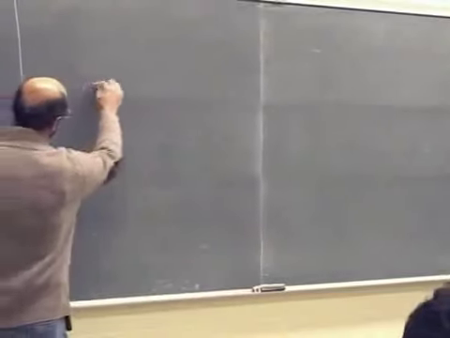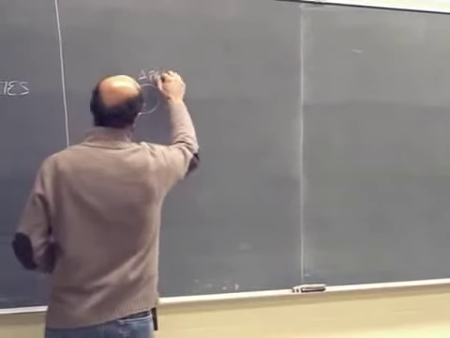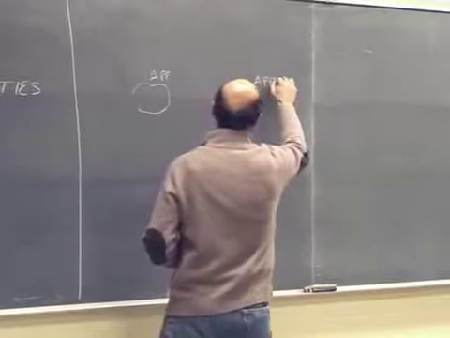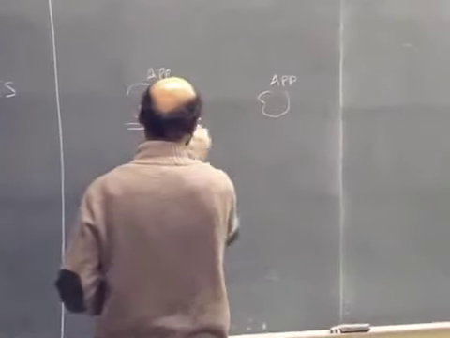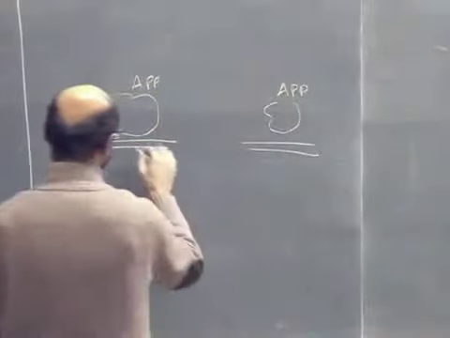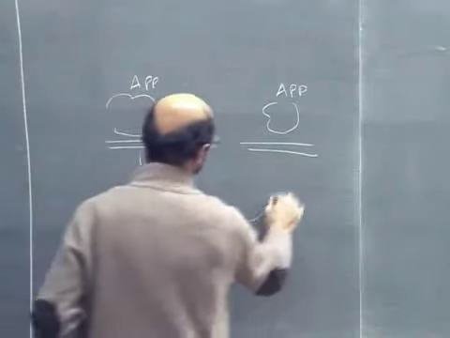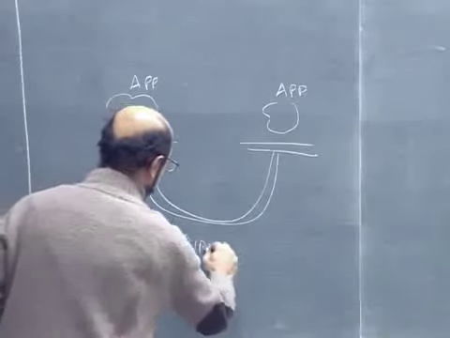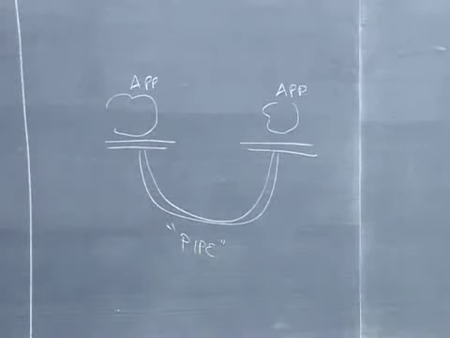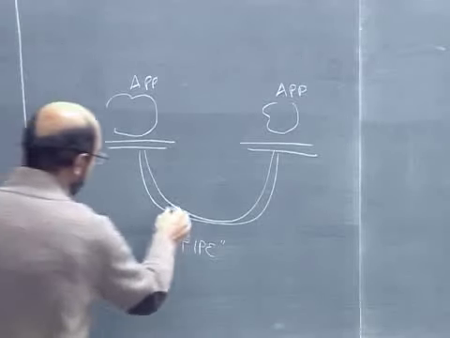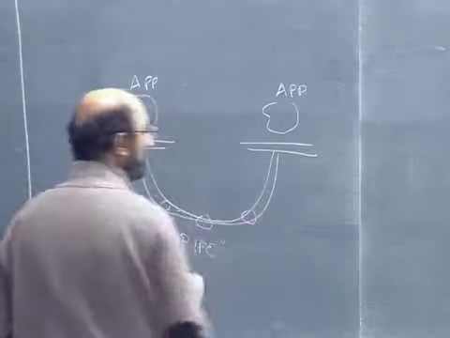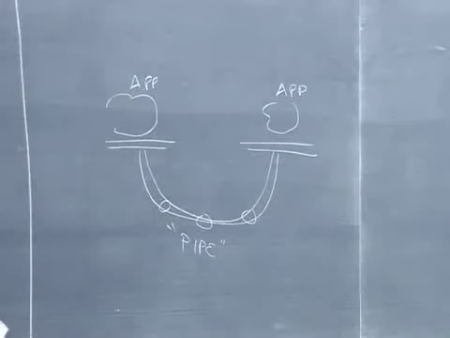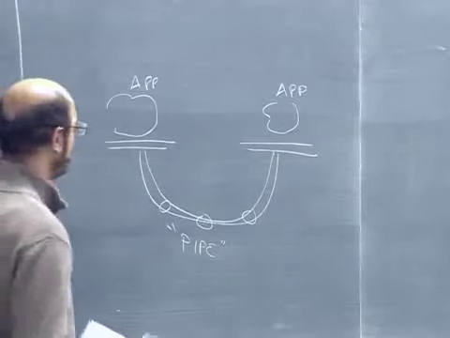So we have some application part and some application part over here, and between the two is this interface, and the interface allows you to send data through what we've been calling a pipe. But as you know already, this pipe is not end-to-end. In fact, we have intermediate pieces along the way which actually make up that pipe. But nevertheless, from the perspective of the applications, we can talk about certain properties of this pipe.